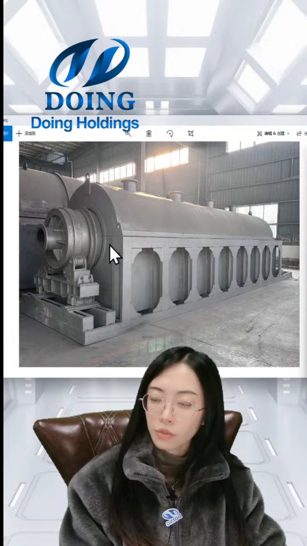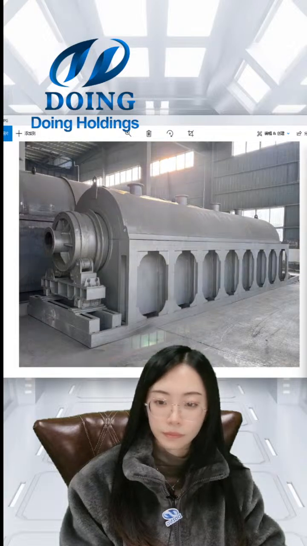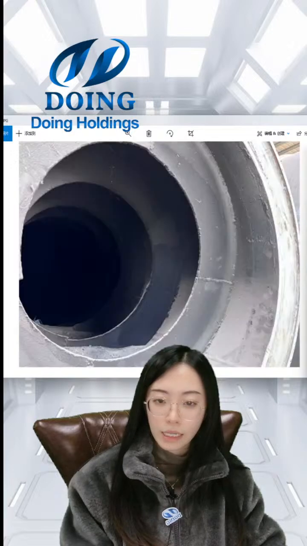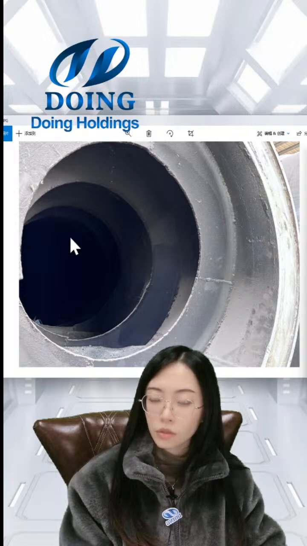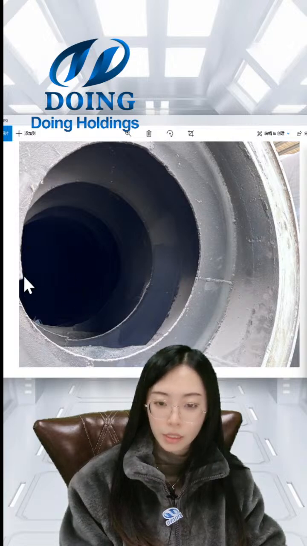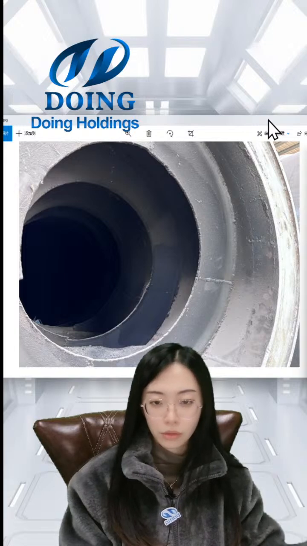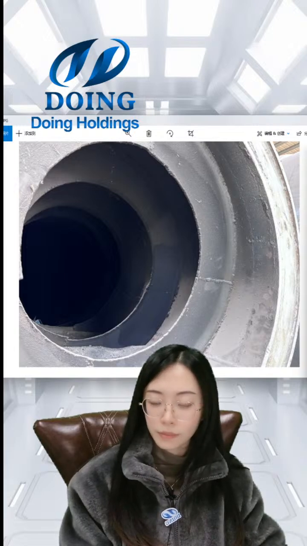If we have a large one, we will have 2 sections of the furnace. This is the inlet, the screw to put the materials inside and push them backwards.